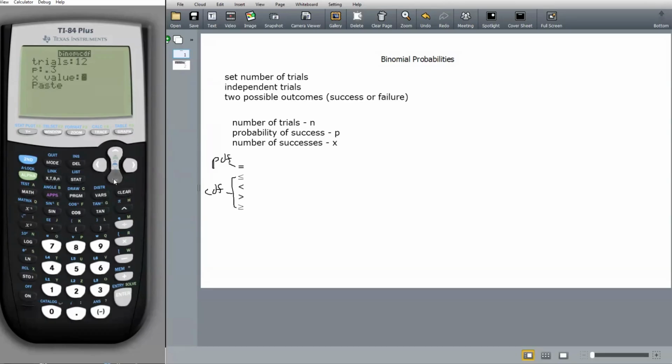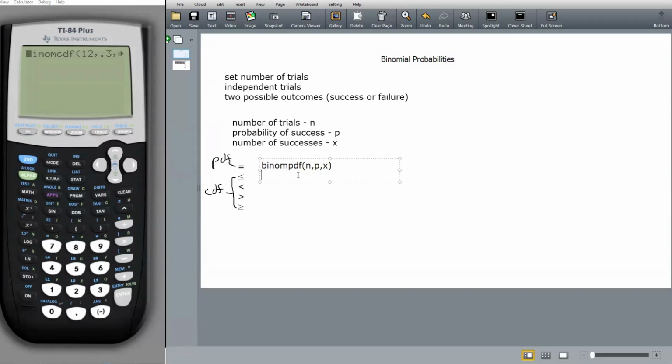Once I have substituted those numbers into my calculator, I can press paste in order to see a preview of what that probability should look like. I can use this preview as a way to double check if I have substituted my numbers in correctly based off of the equal sign or the inequality sign that I have chosen for my question. For the binomial PDF function, my probability preview should look like binomial PDF parentheses n, comma, p, comma, x.